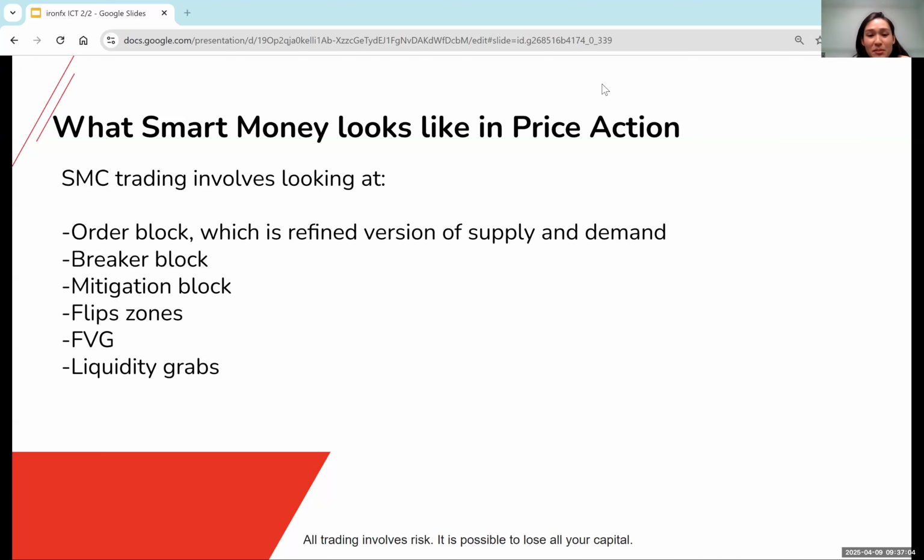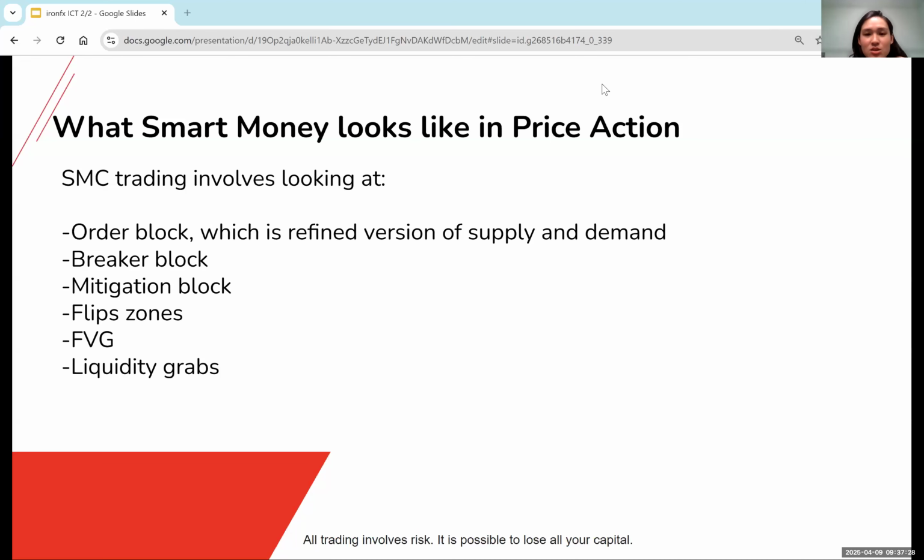So what we mean by smart money, I guess, is typically institutions. So can be your banks or basically big corporations. So they push price beyond a key level, like a swing high or a swing low, to trigger stop losses or breakout orders so that it fills their large positions.